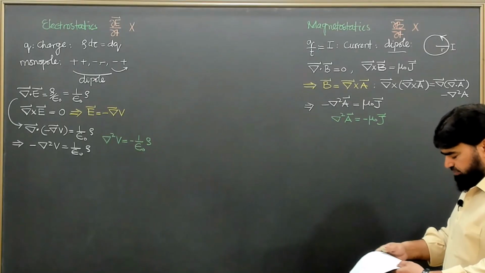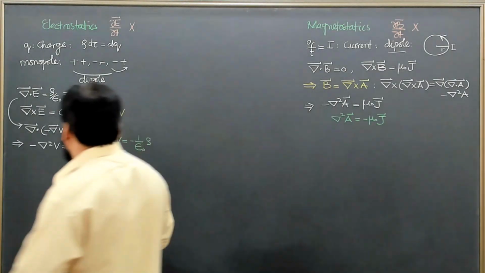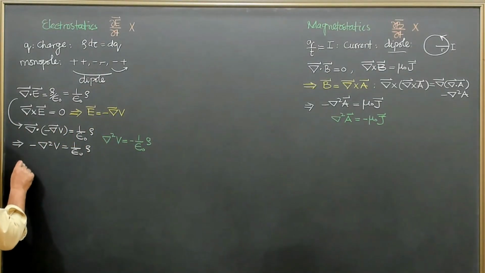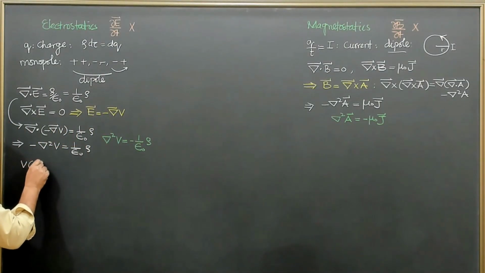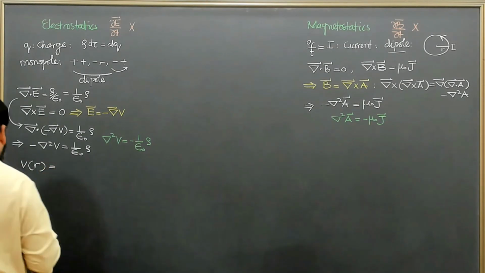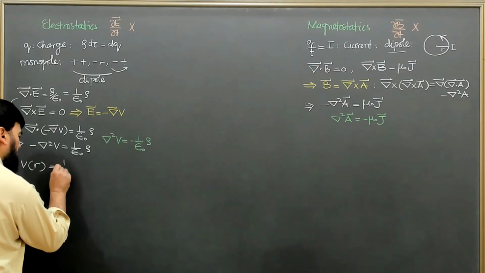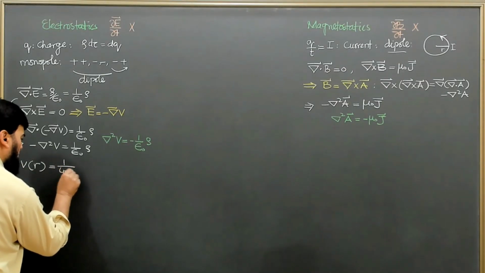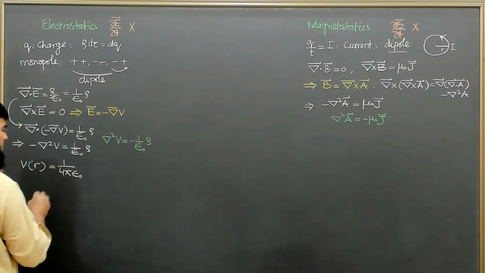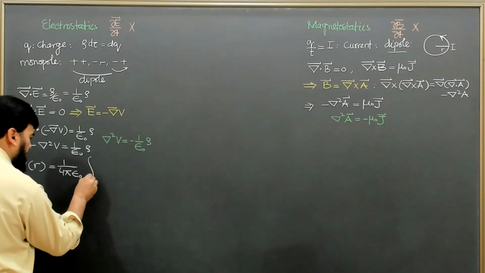So after this, we determine V at any observation point r equals 1 over 4 pi epsilon naught times the integral.